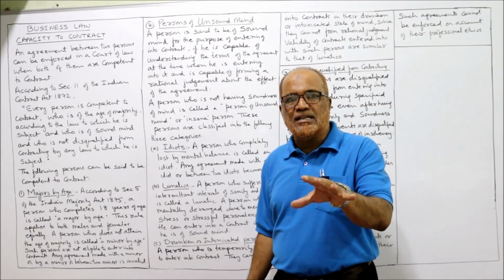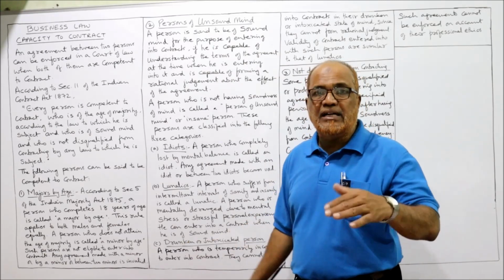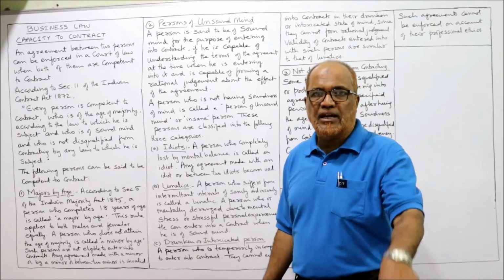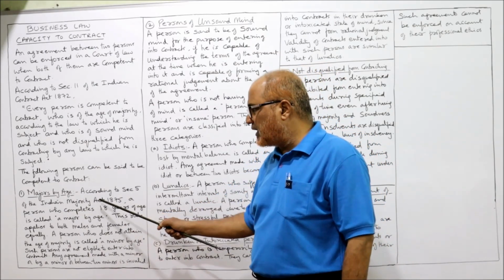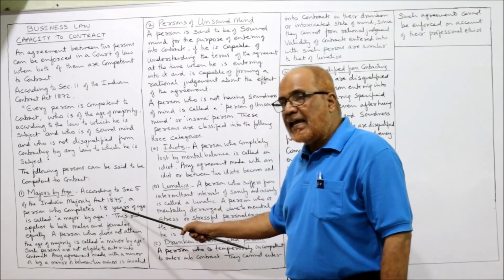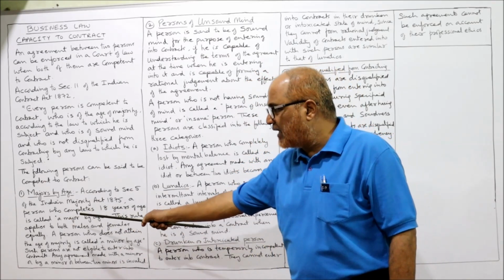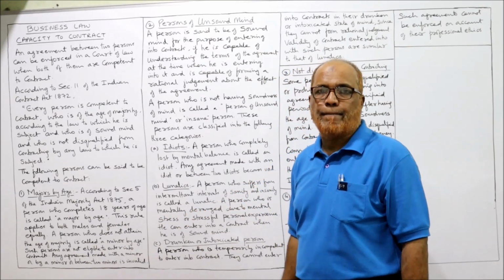This act will decide who is a major person in India. So according to section 5 of the Indian Majority Act 1875, a person who completes 18 years of age is called a major by age.